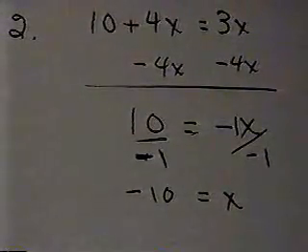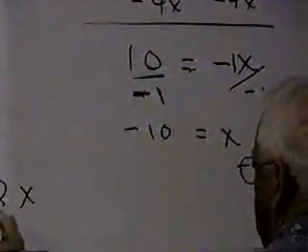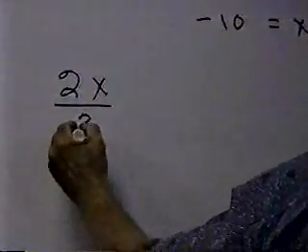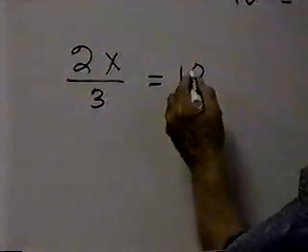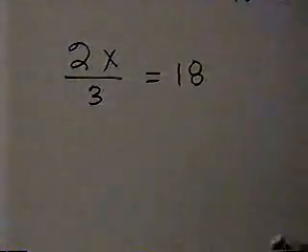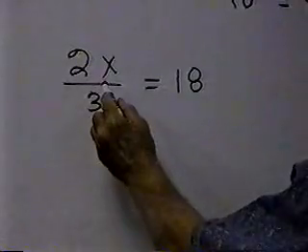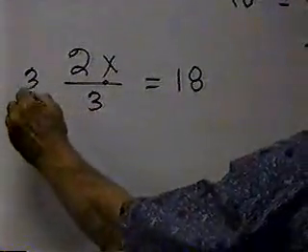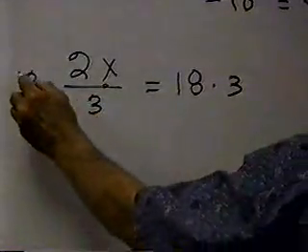All right, let me do one other one. Say we had 2x over 3 is equal to 18. Now, to move things across, how's the 3 connected? It's divided, therefore we multiply. So that divides out.